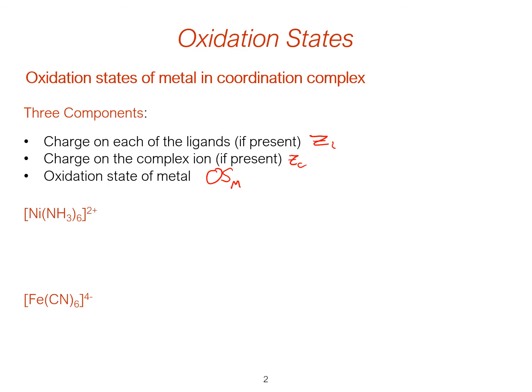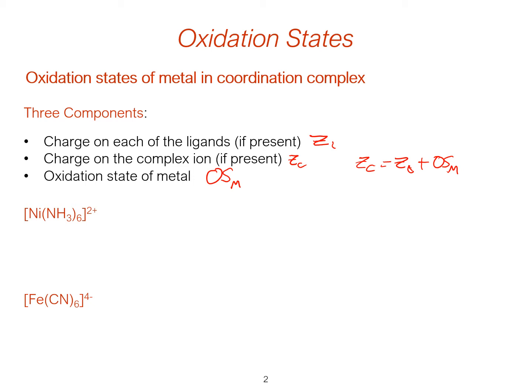And how this all relates together is that the charge on the complex ion is the sum of the charge on the ligands and the oxidation state of the metal. If you remember, when we're looking at single atom ions, the oxidation state is equivalent to the charge.